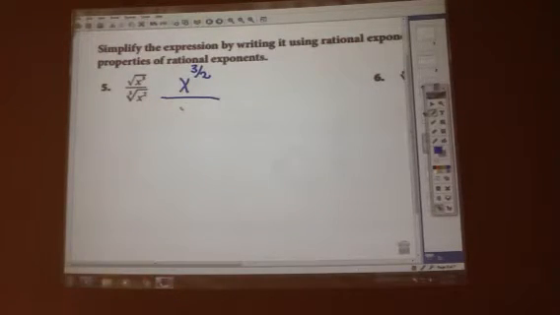And this one would be x to the 2/3. So my variables are the same, and it's division, so what do I do with the exponents now? Subtract them. I'm going to take the largest one, which is in the numerator, 3/2, and subtract the smaller one.